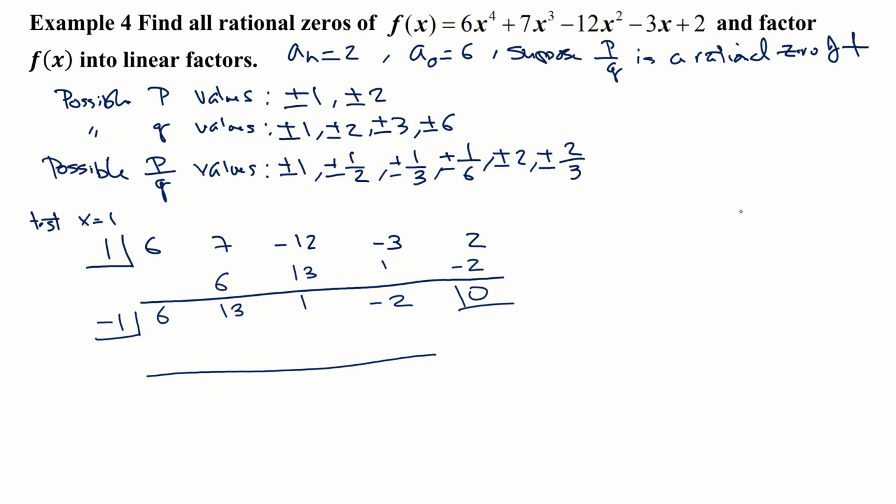So we drop down the 6. Negative 1 times 6 is negative 6, and 13 gives us 7, times negative 1 is negative 7, and that gives us negative 6. Negative 1 times negative 6 is 6, and this one did not work, right? So negative 1 is not a zero of the polynomial.